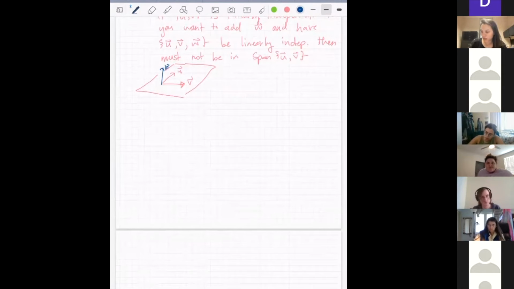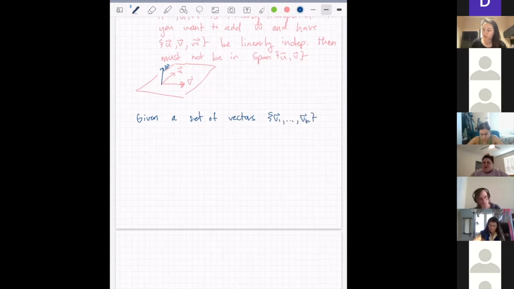So given a set of vectors v1 up to vk, we can form a matrix where we just stick v1 up to vk in, so those will form the columns of this matrix, right?